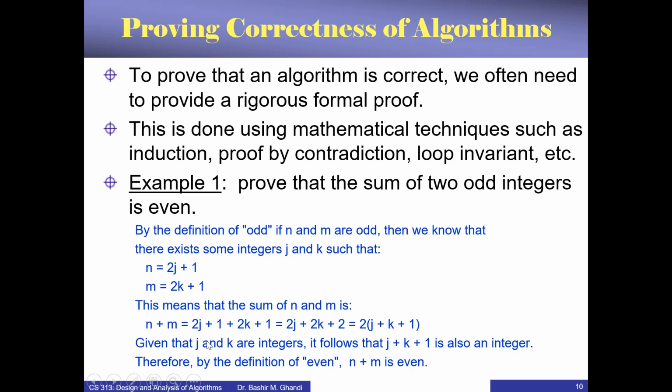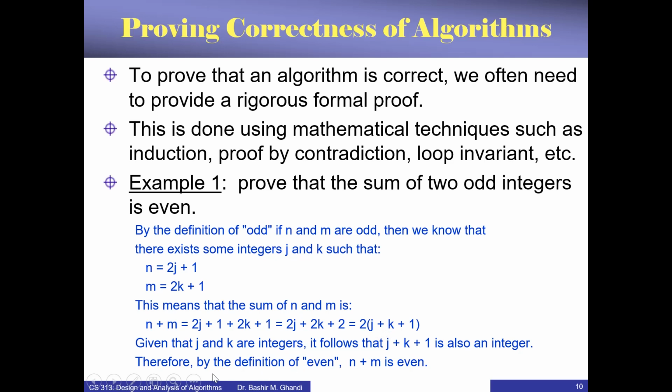Now, given that j and k are integers, if you add them and then add 1, you're going to get another integer. And therefore, you are able to represent n plus m as 2 times some integer. Now, if you can represent a value as 2 times something, definitely that value must be even.